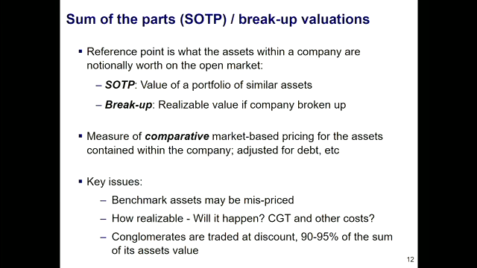So the minority shareholders who own maybe 5%, or the individual shareholders, are going to lose some value because of the dominant power or voting rights of these founding families or dominant controlling shareholders. That's one theory of why conglomerates are priced at a discount to the total value of their individual assets.